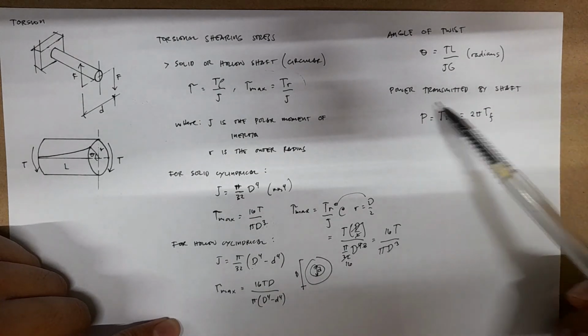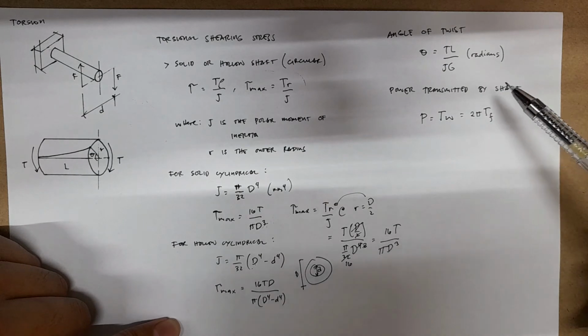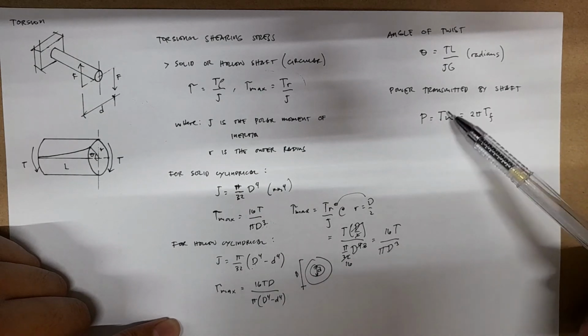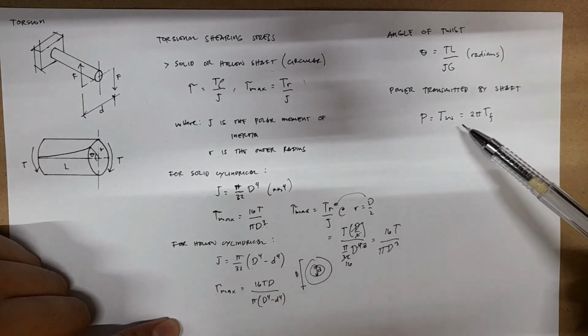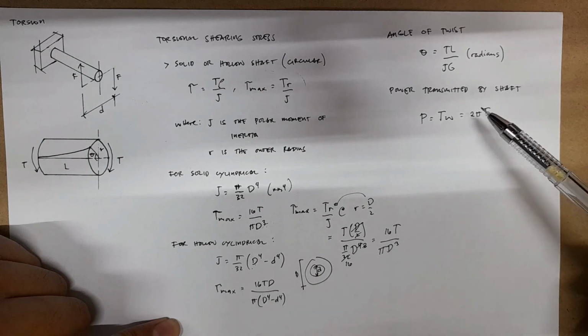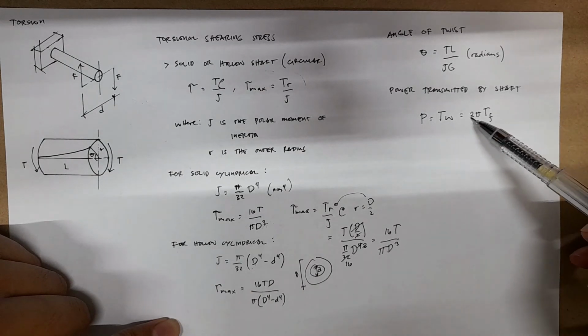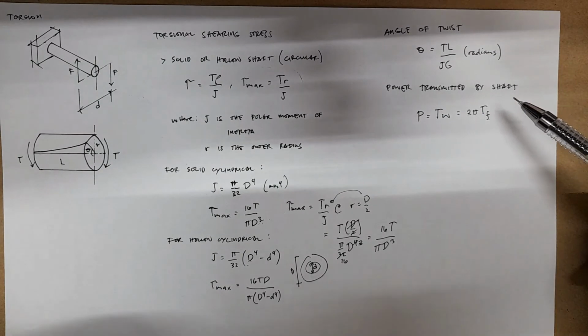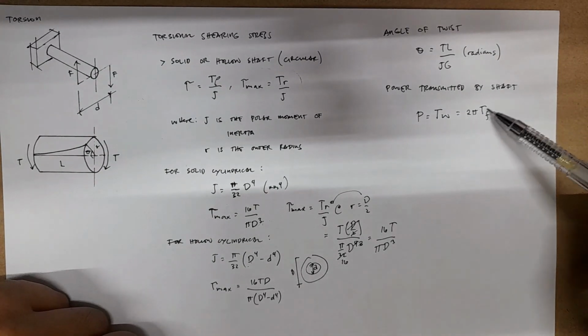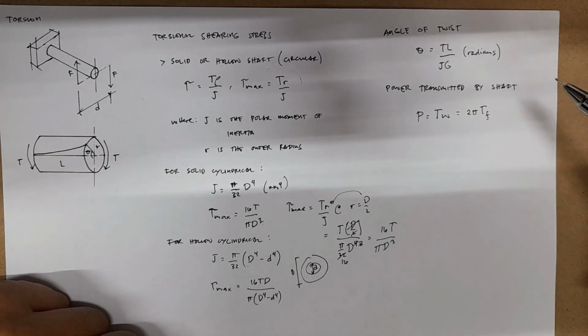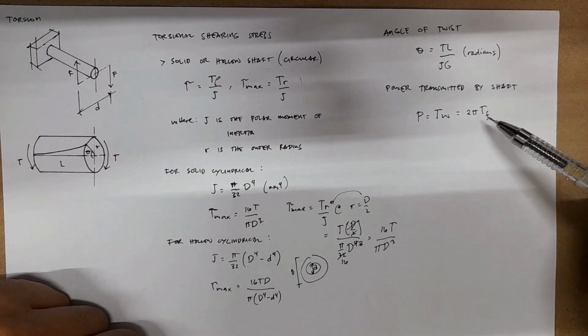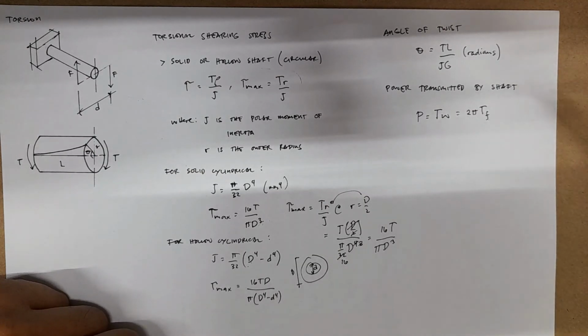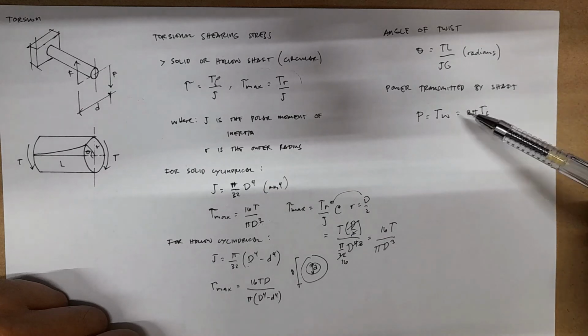You also have the power transmitted by a shaft. Power P equals torque times your angular velocity, and angular velocity is also equal to 2 pi f, where f is your number of revolutions per second. So that's how you get your power due to your torque.